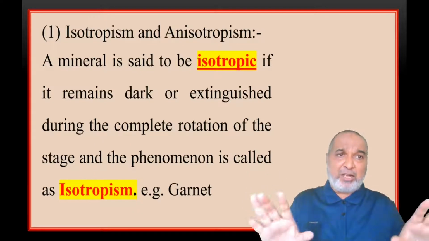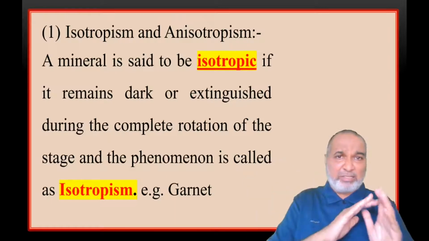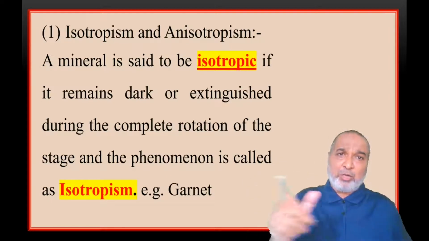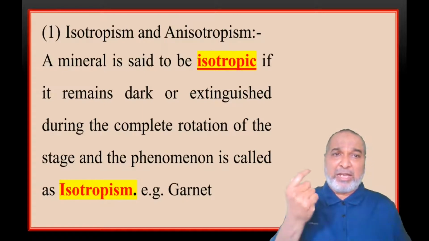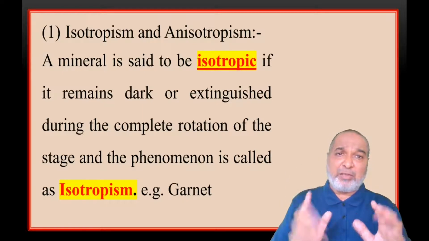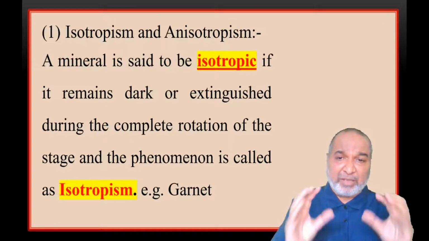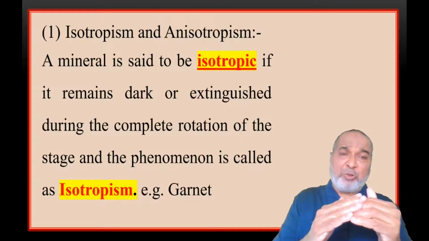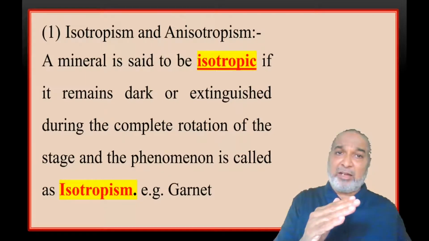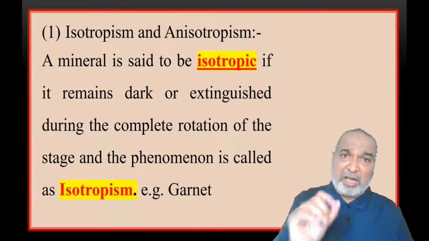It remains dark through 360 degrees, with no change in intensity from light to dark, complete dark. Then that mineral is called an isotropic mineral, and the phenomenon is called isotropism. Once the mineral becomes isotropic, the rest of the properties are not studied. They are gone.